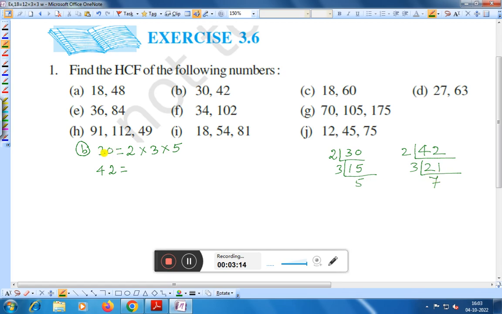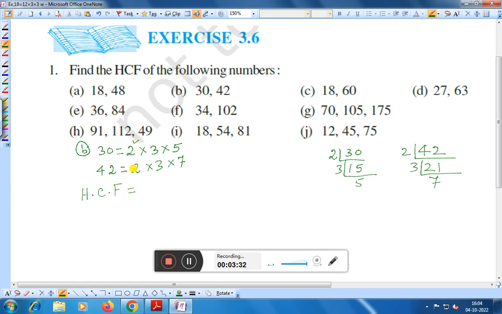Therefore, it can be written as 2 into 3 into 7. Therefore, HCF, highest common factor, of 42 and 30 is equal to: find the common.